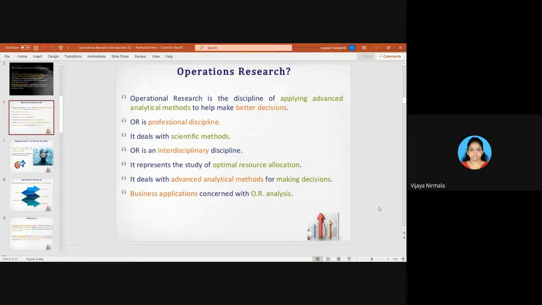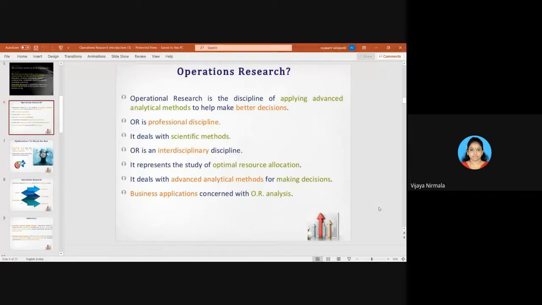Operations research is the discipline of applying advanced analytical methods. Here, what we do is we can use the advanced analytical methods to help make better decisions.